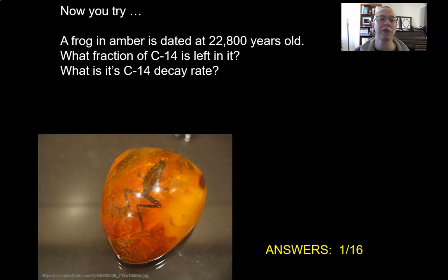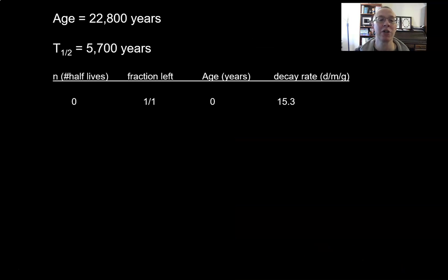The answer to the first question should be 1/16 is left, and the answer to the second question is 0.96 decays per minute per gram. If you want to see how that was done, let's take a look at our chart here. Again, starting with the same basic principle with a living sample or just-died sample, we're going to go through 1 half-life, 2 half-lives, 3 half-lives.